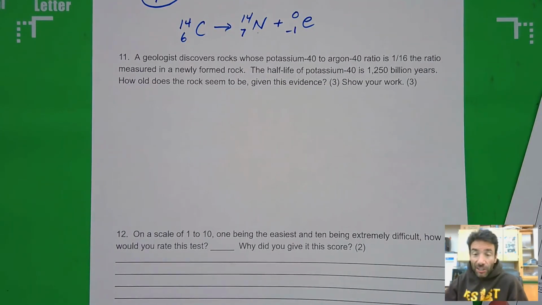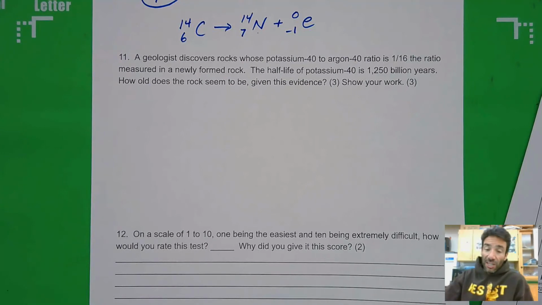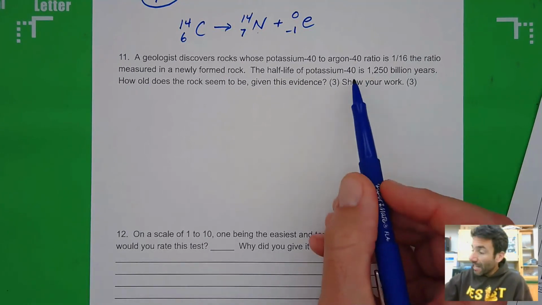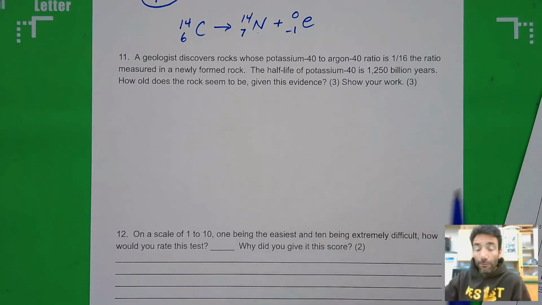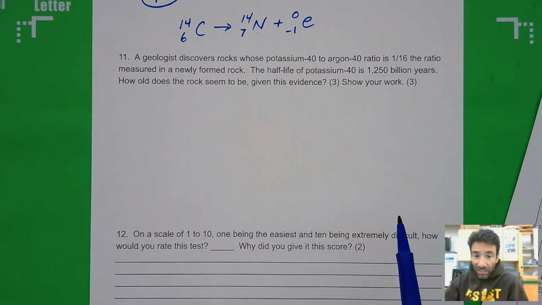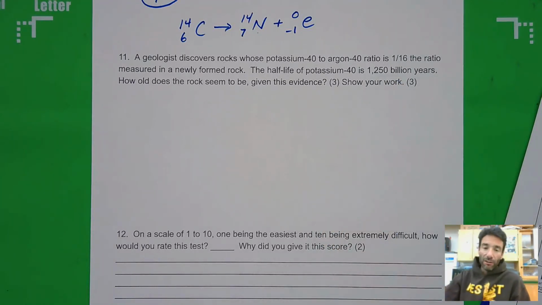And it's telling us that 1/16 of the original, complete amount of potassium-40 is remaining. It also tells us that the half-life of potassium-40 is 1,250 billion years. So every 1,250 billion years, half of whatever amount of potassium-40 I have has decayed into argon-40.